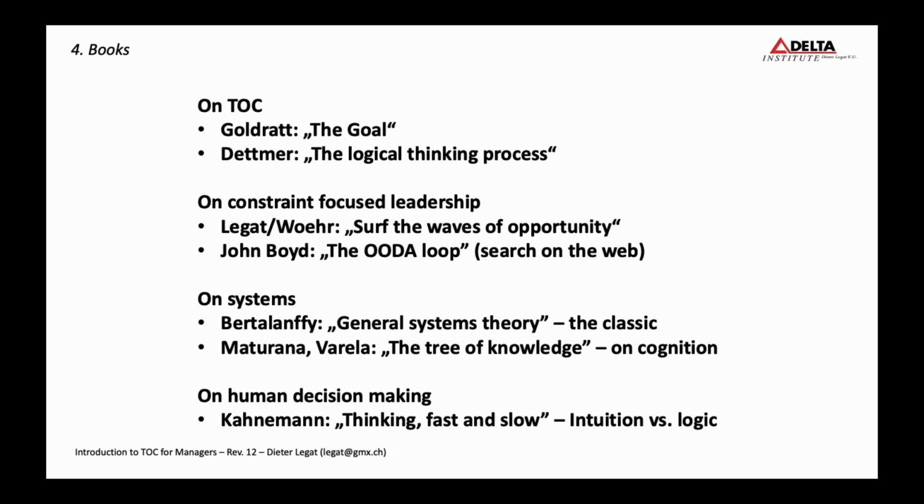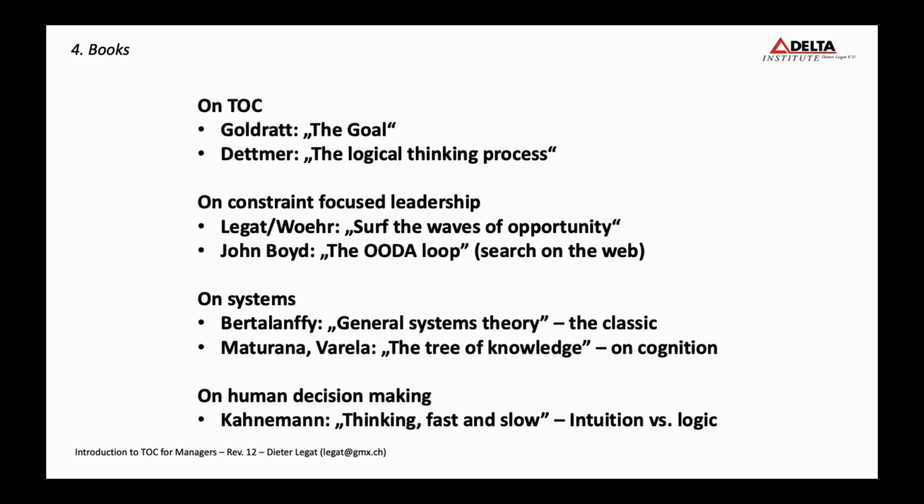Maturana and Varela, two biologists, by the way, wrote the book The Tree of Knowledge, which describes the process and importance of cognition and how living systems perform cognition, in order to recognize situations, to use knowledge, and to apply knowledge in resolving problems.